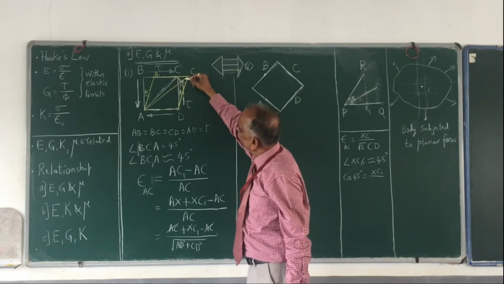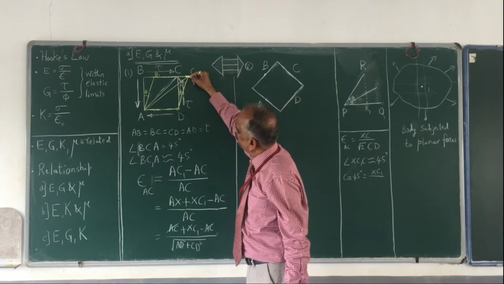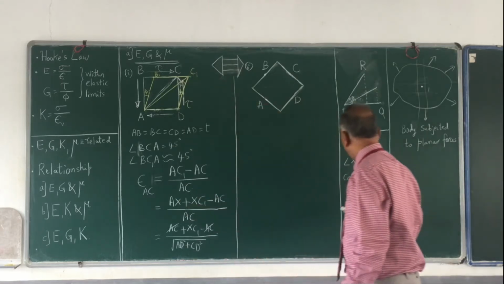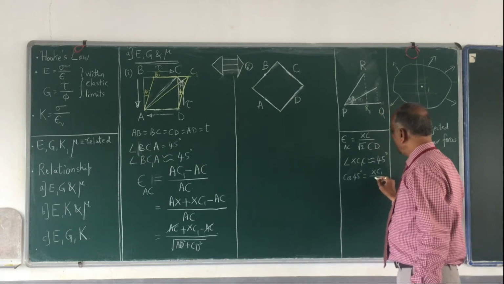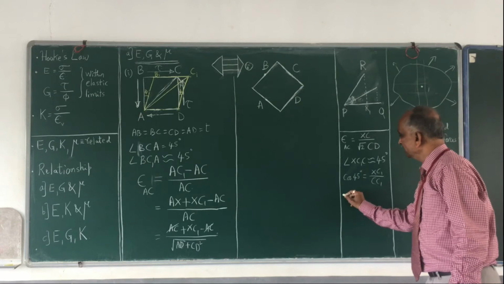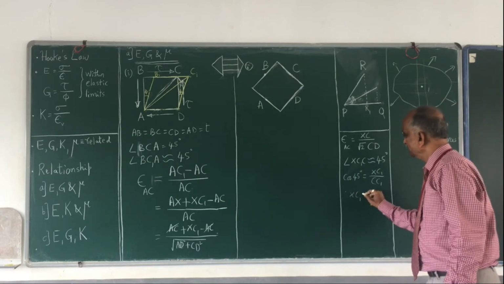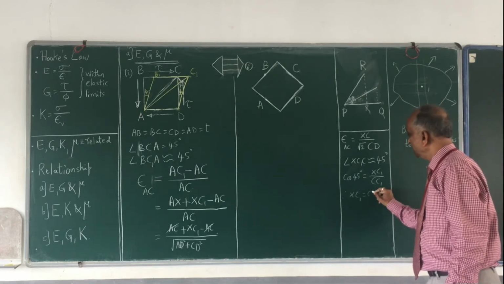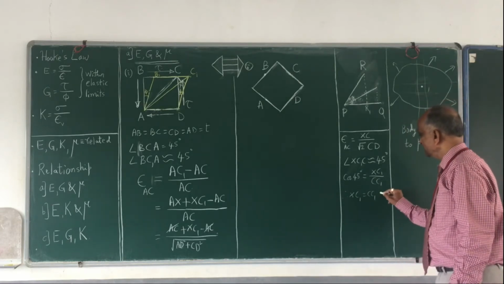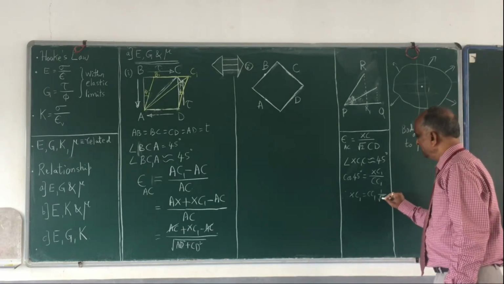So this is 45 degrees, cos 45 degrees is adjacent side over hypotenuse. This is nothing but XC1 divided by CC1. And therefore XC1 is equal to CC1 into cos 45 degrees. What is cos 45 degrees? It is nothing but 1 divided by root 2.